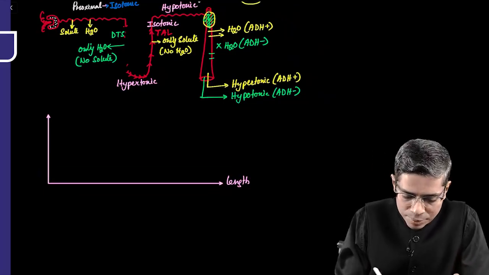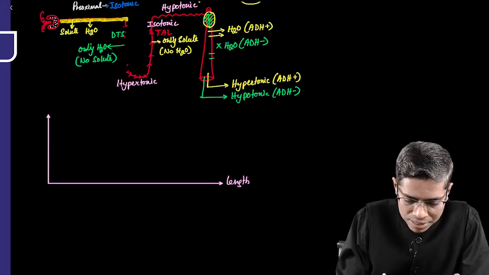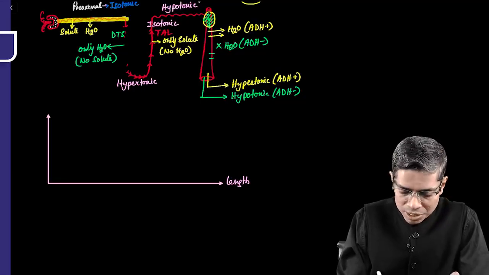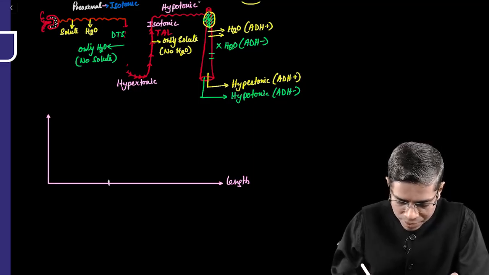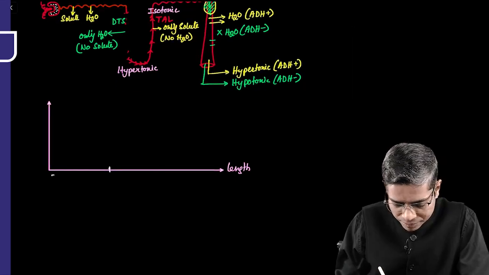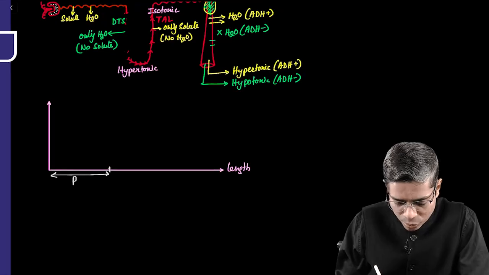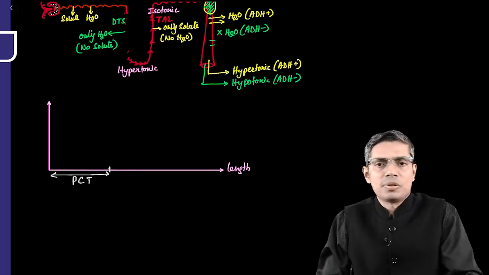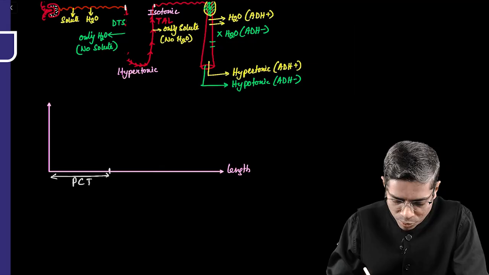In this nephron picture, from here up to this level, where I'm marking, is the length of the proximal convoluted tubule. If I corroborate this with my graph, this length is the proximal convoluted tubule or proximal tubule. Then from here up to this level is the loop of Henle.